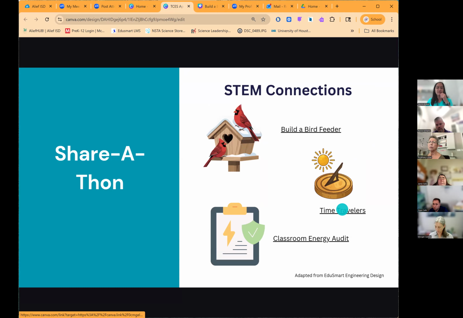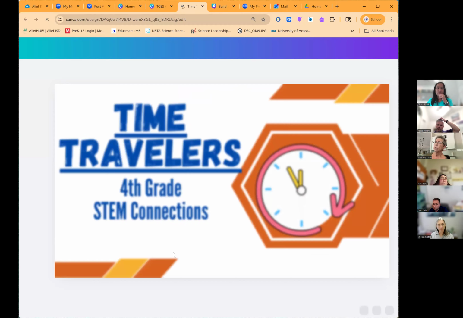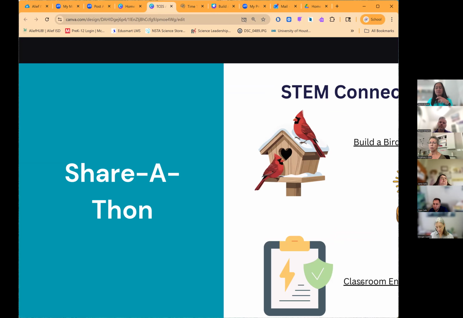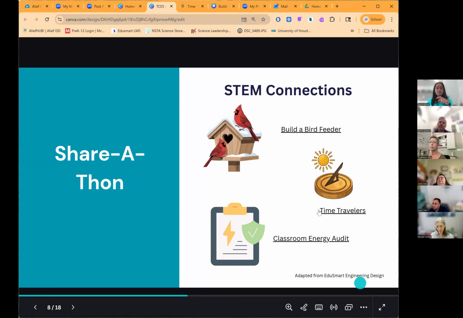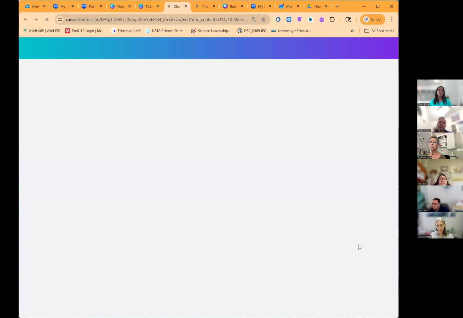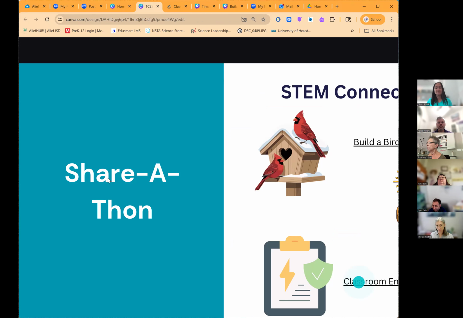The fourth grade one focuses on time travelers, really rotation. That is the focus alongside dimension one, which are the SEPs. And then grade 5 focuses on conservation of energy. So that is it for me as it refers to STEM connections.